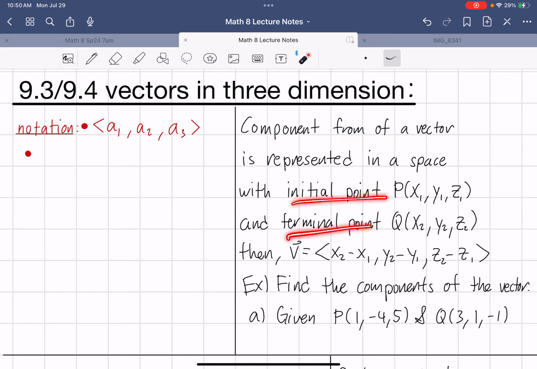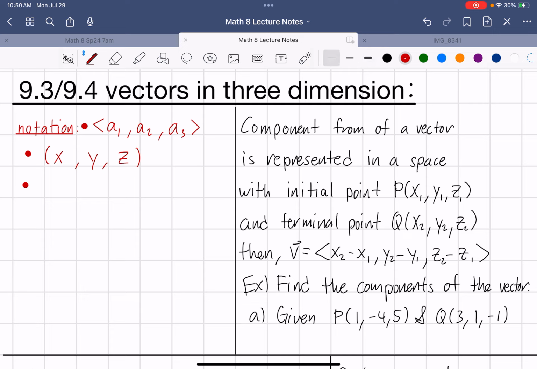Having an initial and a terminal point. If you notice, all we're adding is that additional z coordinate. So points in 3 dimensions have an x, y, and now a z. That's all that's happening. We're adding that additional point.